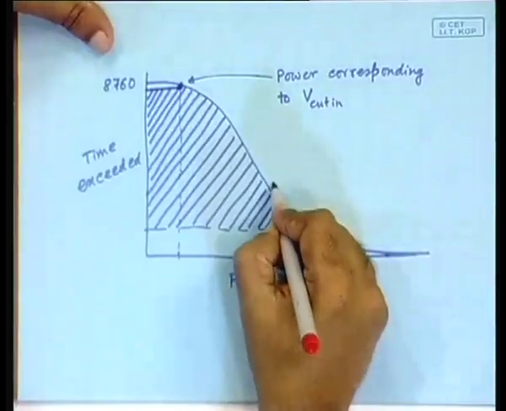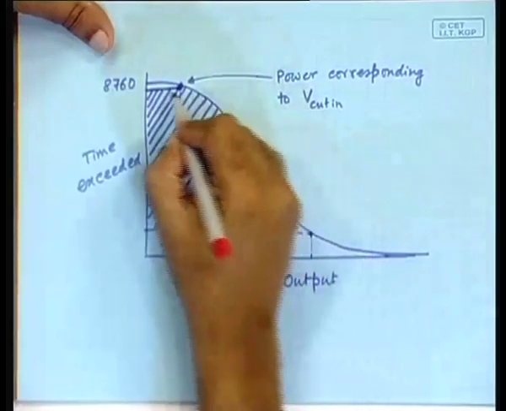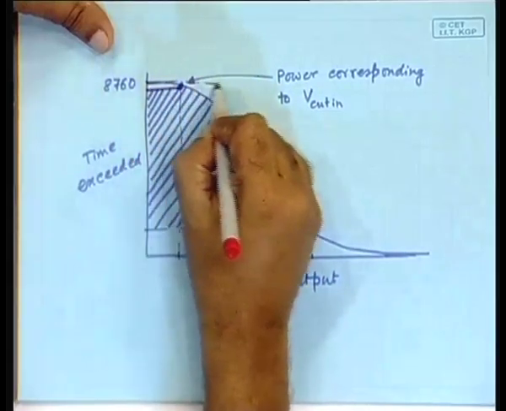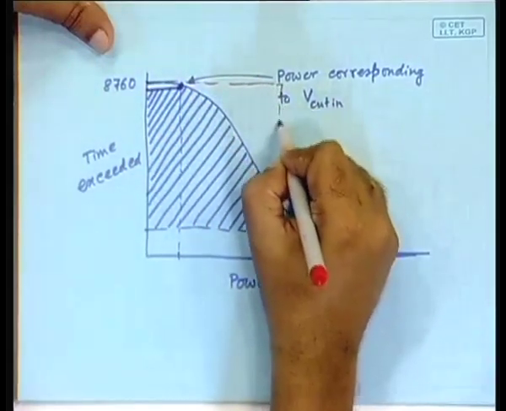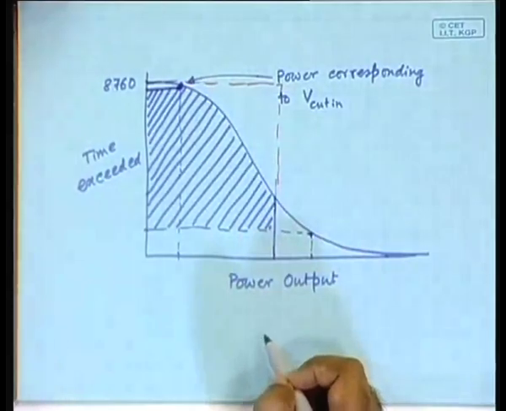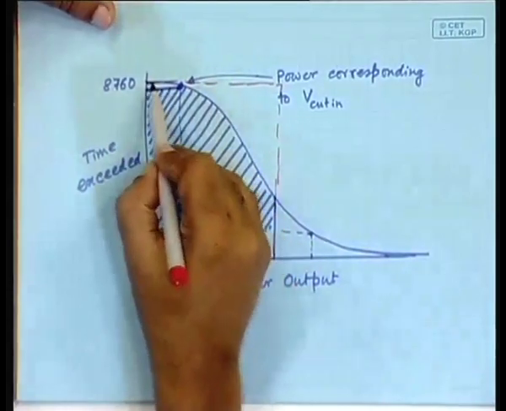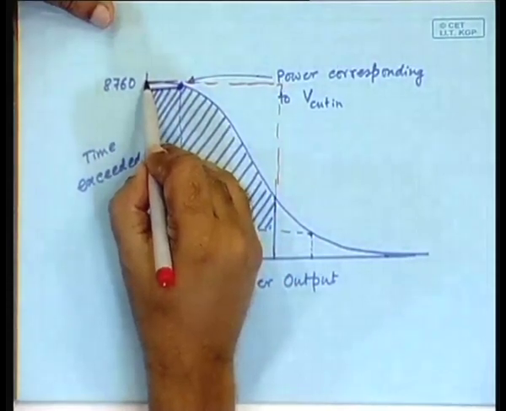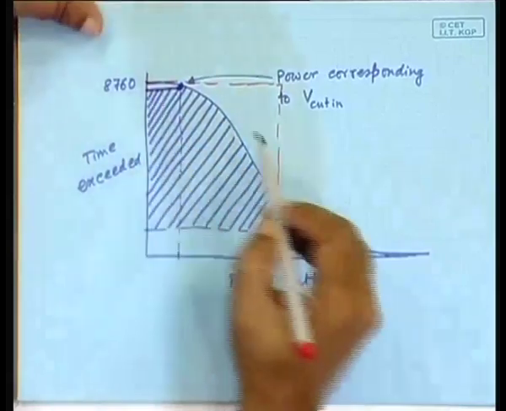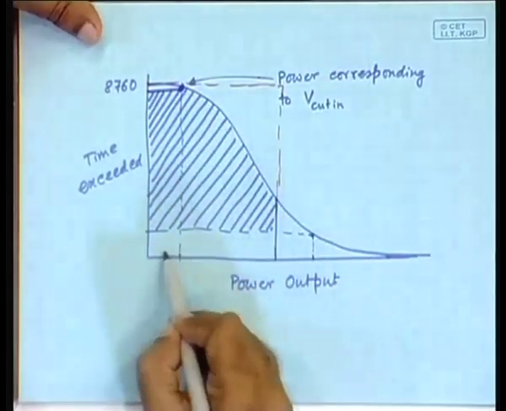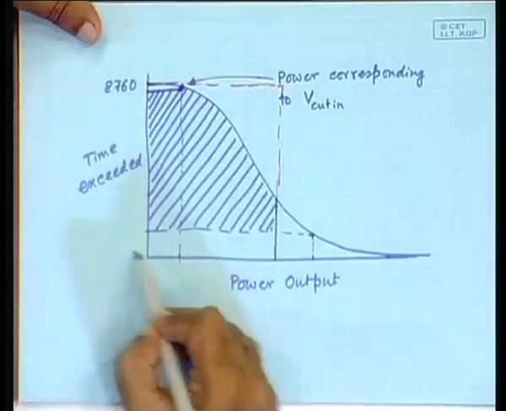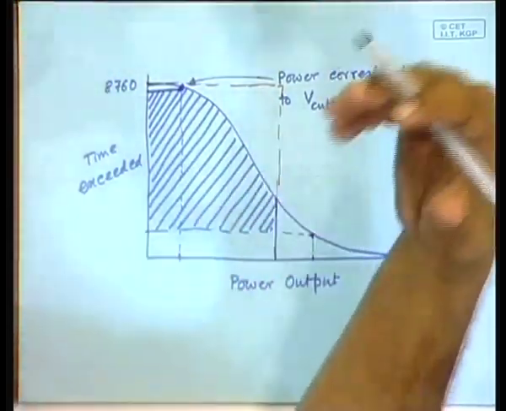Which area is this? It is this area. It is this area for the whole year, 8760 hours, right. How much power? This is the rated power. So, this box represents the amount of energy you would have generated if you ran the wind turbine at the full rating for the whole year.